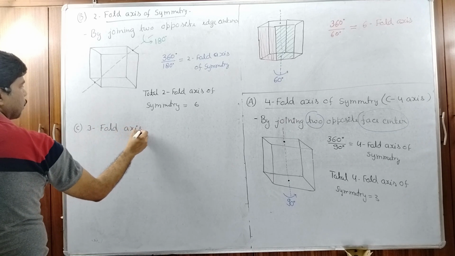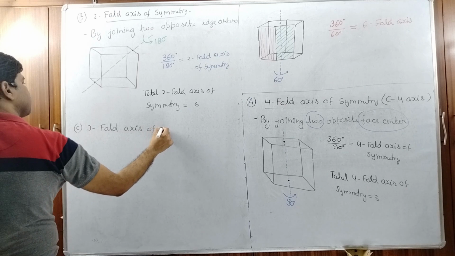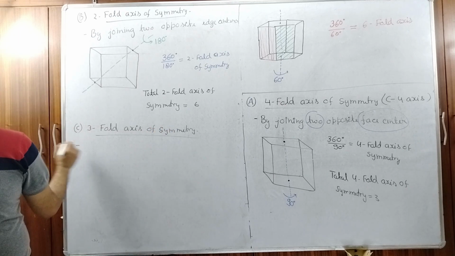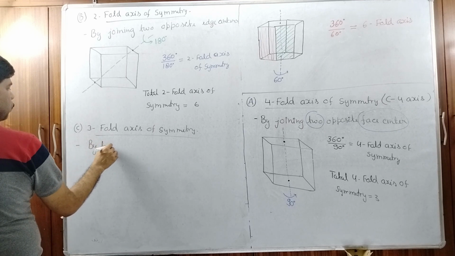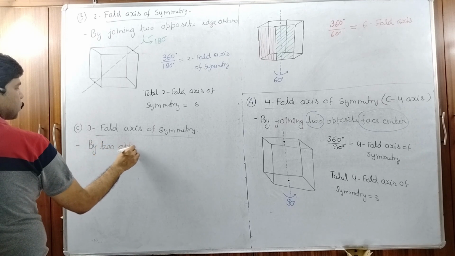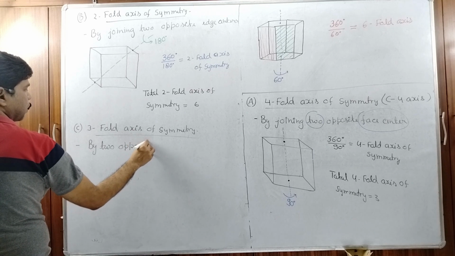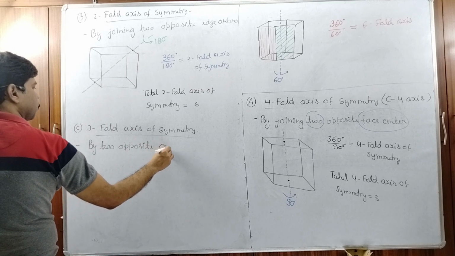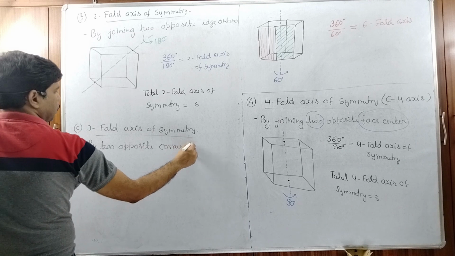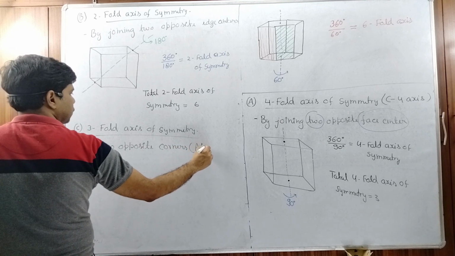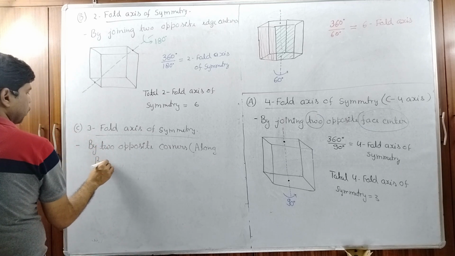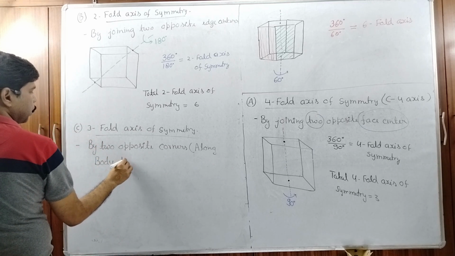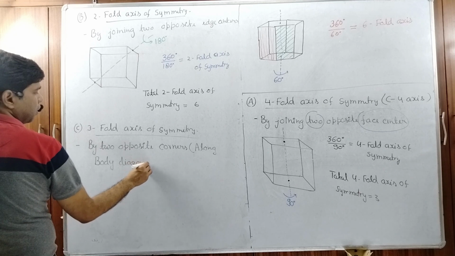Three-fold axis of symmetry. It is obtained by joining two opposite corners, or you can say along the body diagonal.